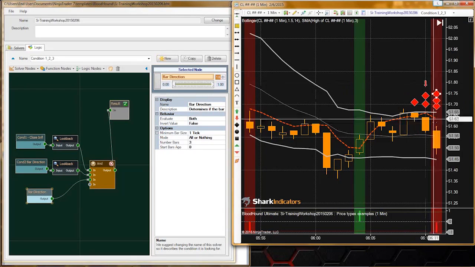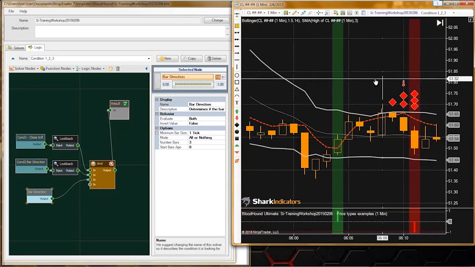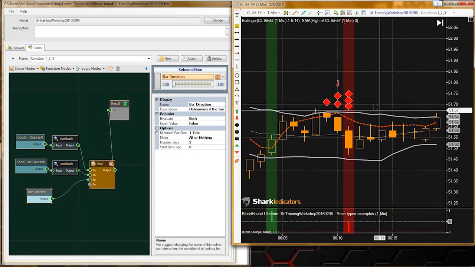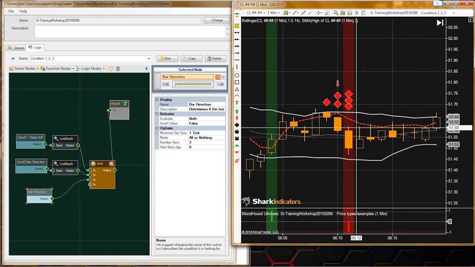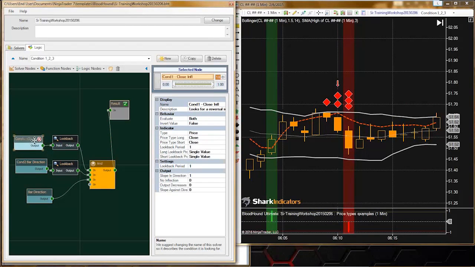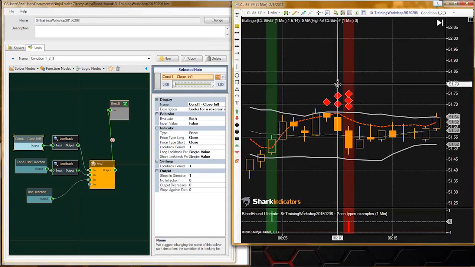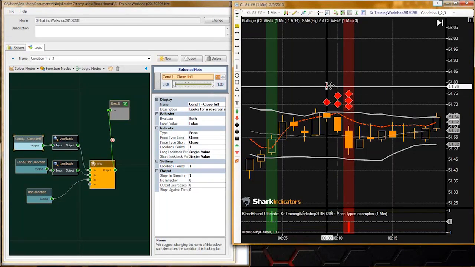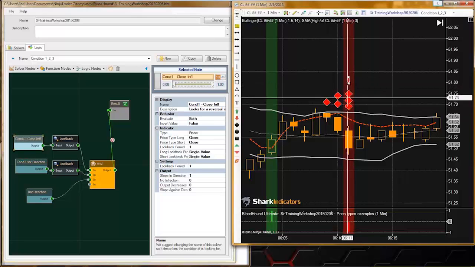And so there we go. Now we have a signal on that bar there. As I scroll forward, we can see there's no more signals. So any possible signals going forward got filtered out because remember our first condition is a reversal, and that reversal only got shifted forward to this one bar.